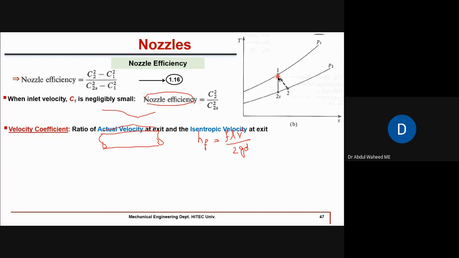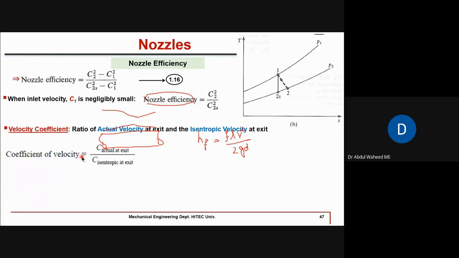Okay. So then there is another term which is known as velocity coefficient. That is the ratio of actual velocity at the exit to the isentropic velocity. Because here, this is not velocity, this is actually kinetic energy. So in terms of velocity, if we represent the same ratio as C2 over C2s, then it is not efficiency, then we name it as velocity coefficient.